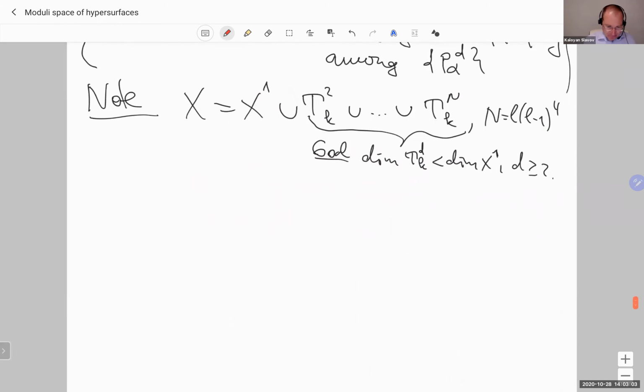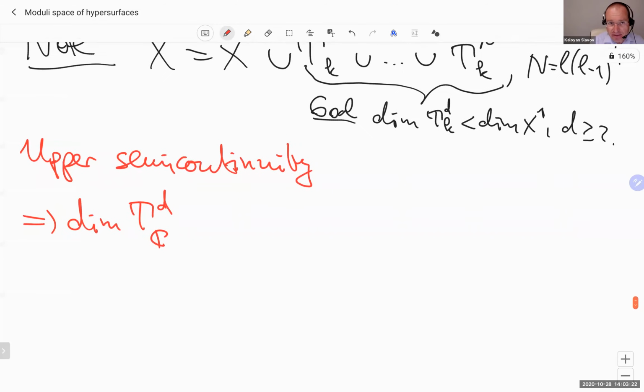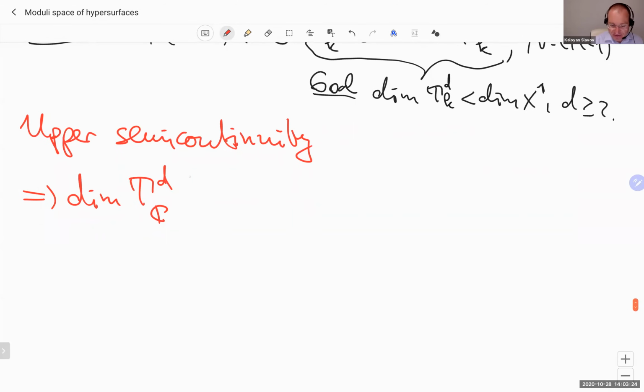Here, again by upper semi-continuity, it follows that, let's say you're interested in the problem TD over the complex numbers maybe, or any other algebraically closed field of characteristic 0. Surely this is the dimension of TD over Q. Changing from one field to another doesn't change the dimension.